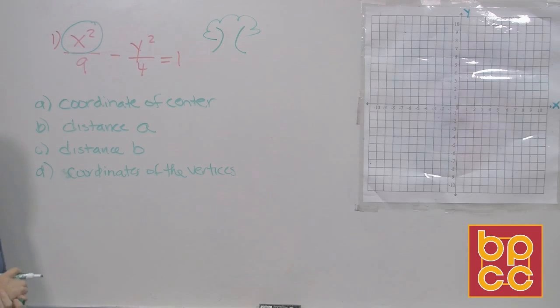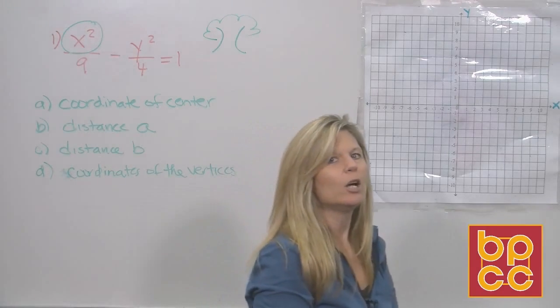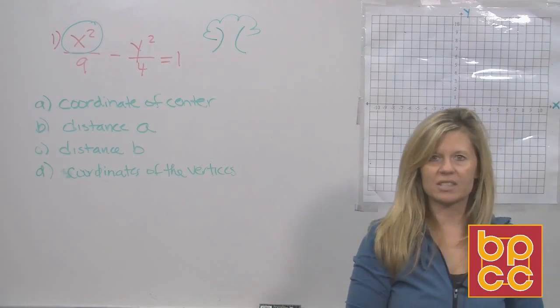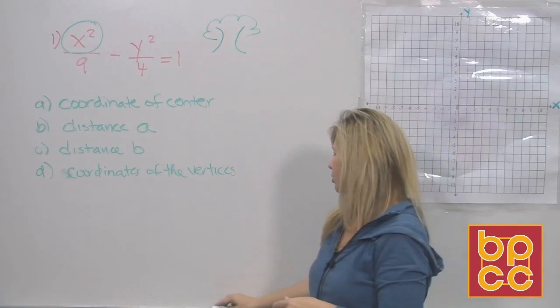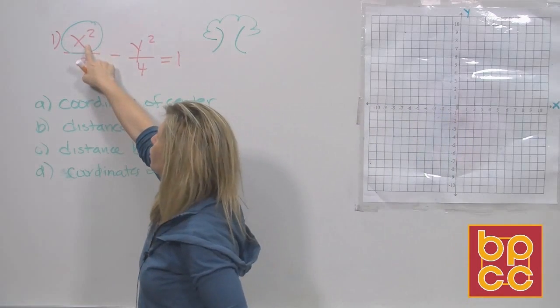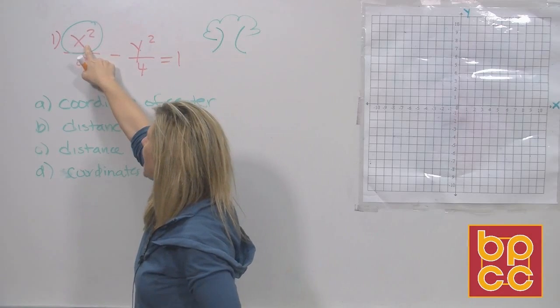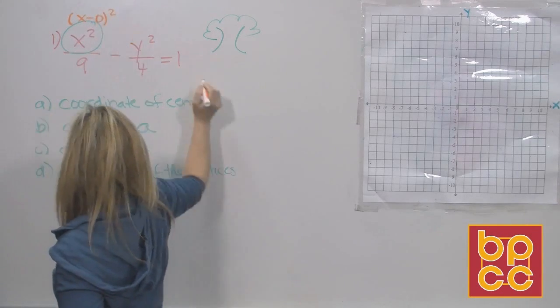To graph a hyperbola, you need the same 3 pieces of information you need to graph an ellipse. You need the center, distance A, distance B. The center is always after x and y, and again we discussed this. There's no number being subtracted with the x, so that must have been x minus 0 squared.